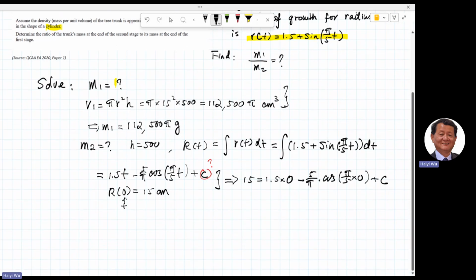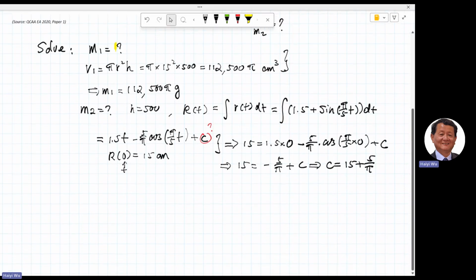Cosine 0 is 1, so that gives us 15 equals negative 5 over pi plus c. So c is 15 plus 5 over pi.